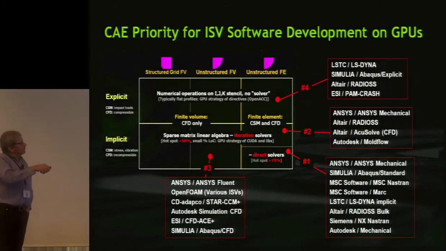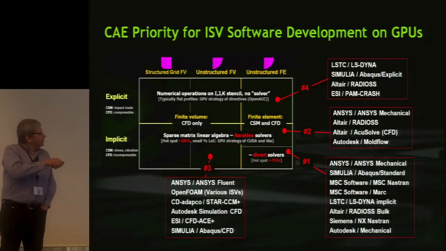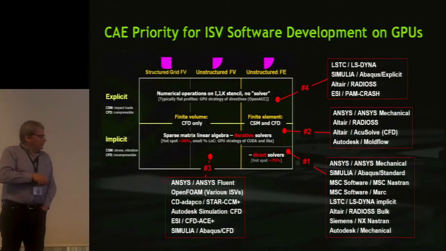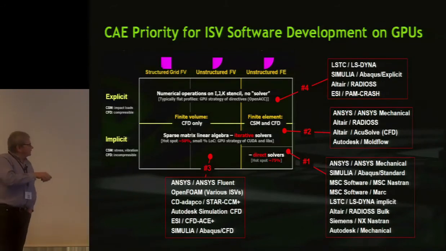Examples for this approach are ANSYS Mechanical, Radioss, AcuSolve from Altair, and also Moldflow. Then we come to more CFD-based codes like ANSYS Fluent or OpenFOAM, or also CD-adapco with STAR-CCM+, and also codes from Exa and SIMULIA Abaqus CFD. So this is more or less the same approach as the iterative solver.